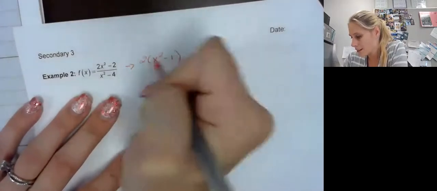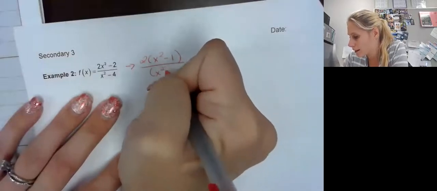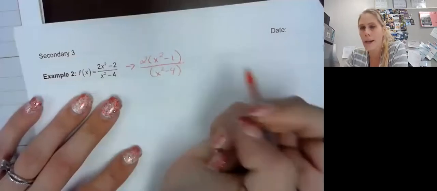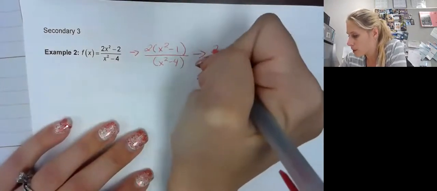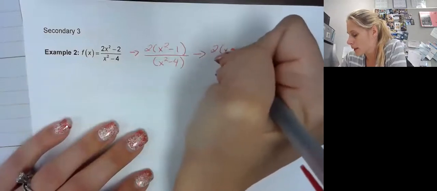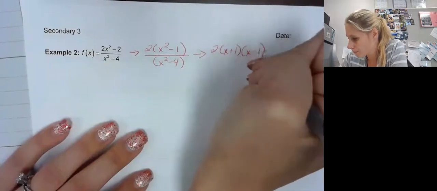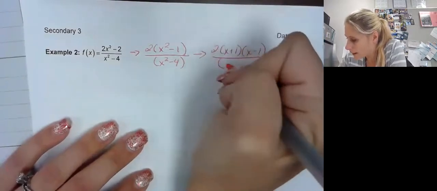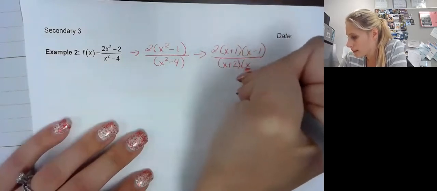But then I also noticed that we have a difference of squares in the numerator and denominator, so I can factor this more. 2 times x plus 1 times x minus 1 over x plus 2 times x minus 2.